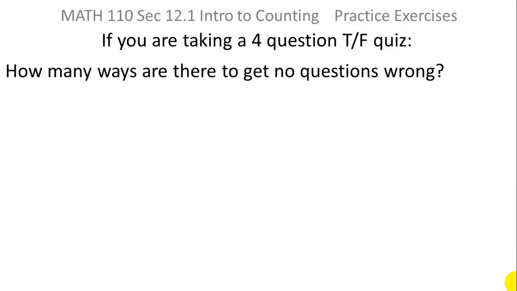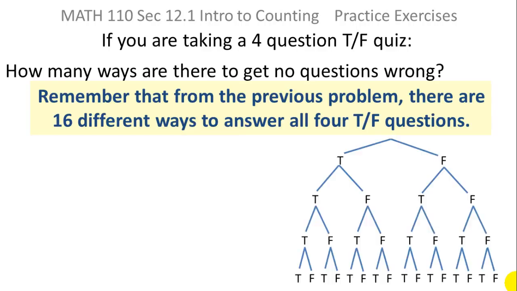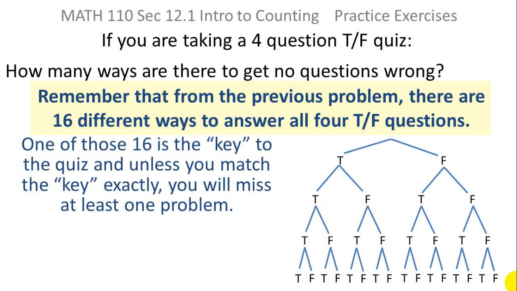I want to follow up though and ask some other questions. First of all, how many ways are there to get no questions wrong? If you think about it, we know there's 16 different ways to answer all of them, but how many of those ways would have none wrong? If you think about each branch of the tree as being one possible way you could answer it, if you got none wrong, that means that you answered the same as the key.